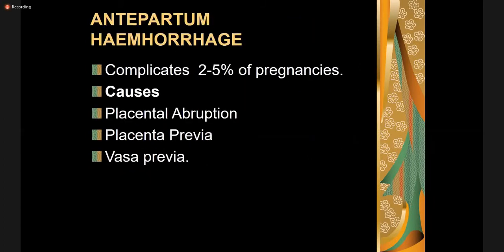Antepartum hemorrhage, or APH, includes placental abruption, placenta previa, and vasa previa. It complicates 2 to 5% of pregnancies. So abruption, previa, and vasa: the main two are bleeding from the maternal part, and vasa previa is bleeding from the fetal part.